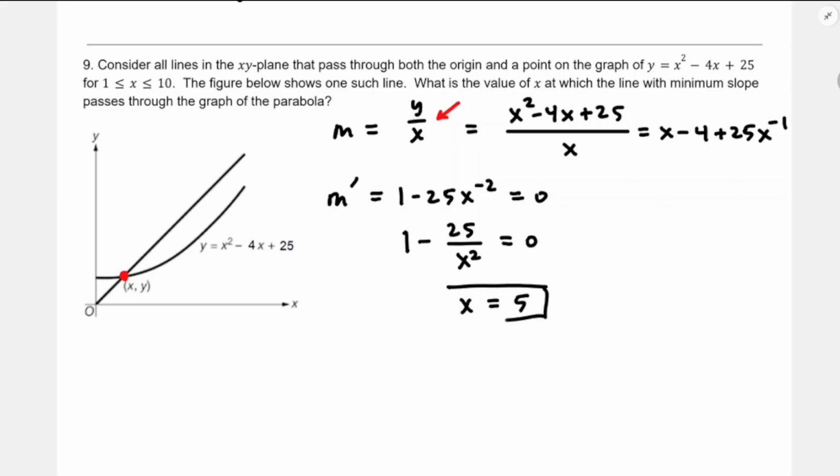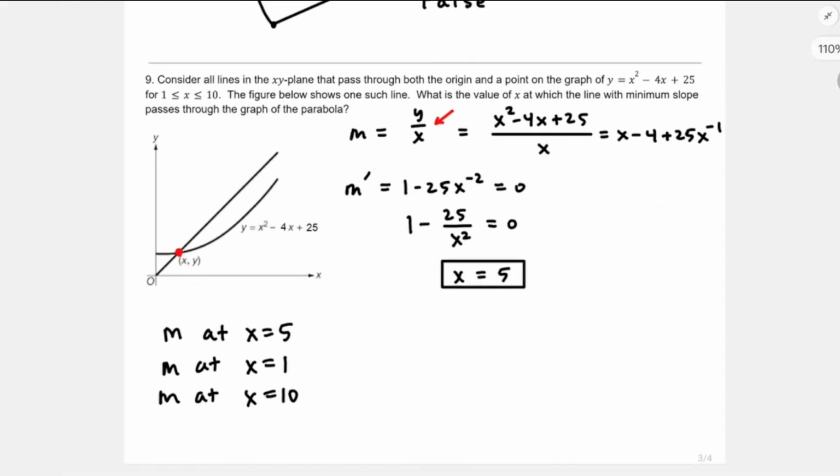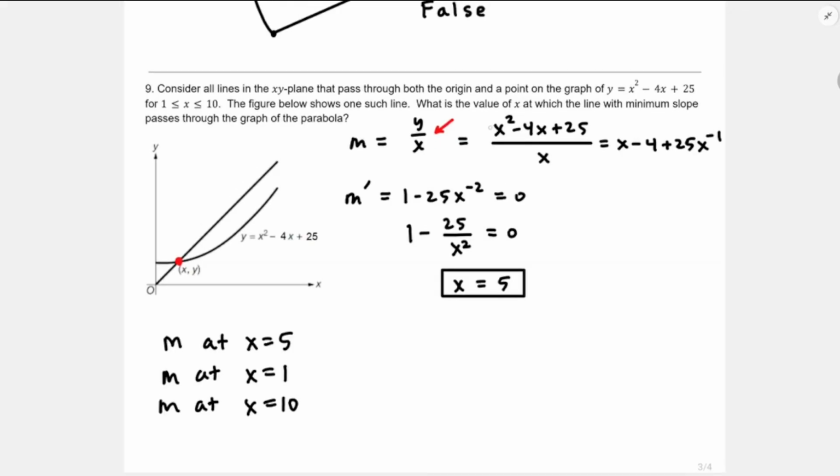Now I think that's my answer, but I should check the slope for x equals 5, and also check it at 1 and 10. The figure is not drawn to scale, but I still think it's going to be right. The slope at x equals 5: 25 plus 25 is 50, minus 20 would be 30, over 5 is 6.